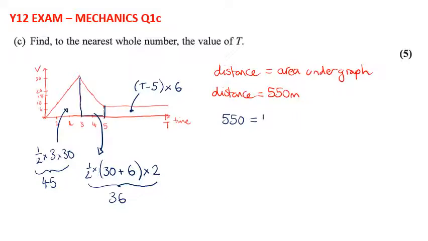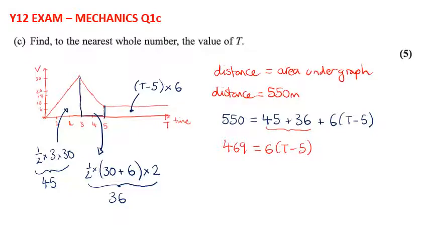So 45 plus 36 plus 6 times t minus 5. So now I've written that equation, I can solve that. I've got 45 plus 36 is 81. So 550 minus 81 is 469. That's going to be equal to 6 times t minus 5.